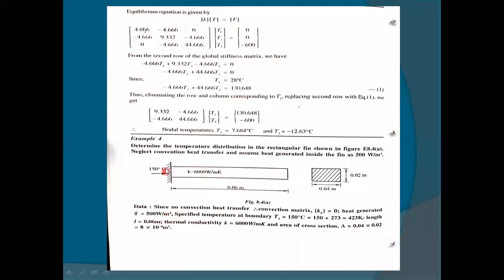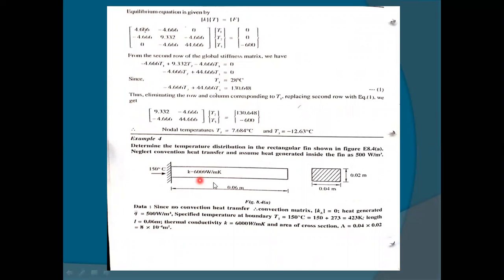At node 1 the temperature T1 is equal to 150 degrees Celsius, converted into kelvins by adding 273. Then the length is given in meters, so length is equal to 0.06. Thermal conductivity K is given, and it is a rectangular cross section, so area is equal to B into H, and we get area in meter square. There is no convection, and the extra data they have given is the heat generated inside the fin, represented by q dash.